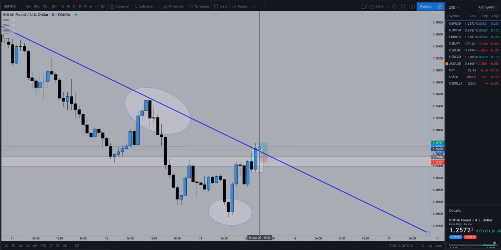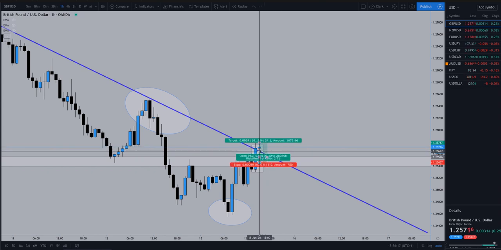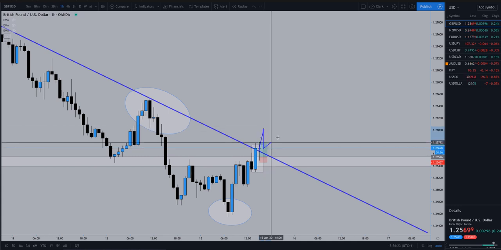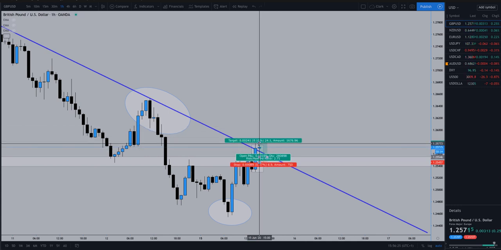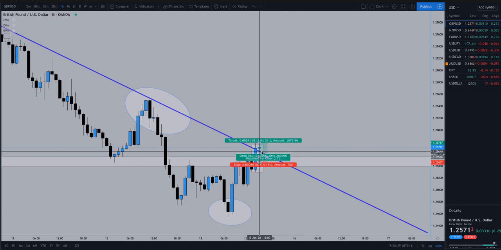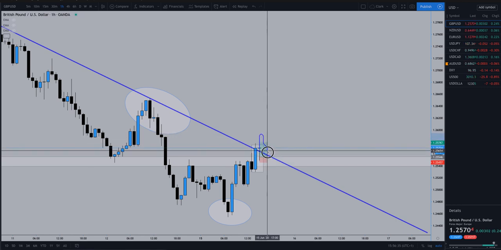But to confirm, because it's all about probability, you want it to break. You want that to close. Ideally, you want it to close a little bit more than a doji looking candle because that's not enough evidence really. Anyhow, closes. You want it to come back, retest this zone, retest this trend line.